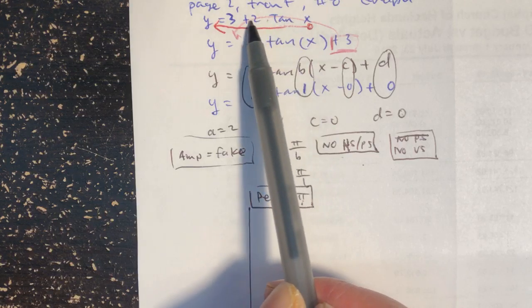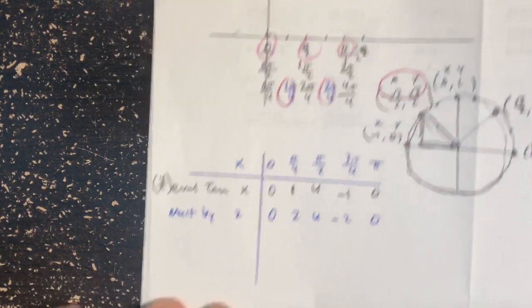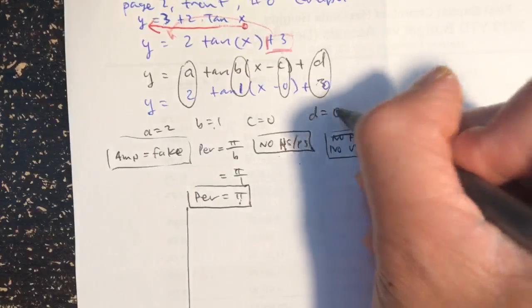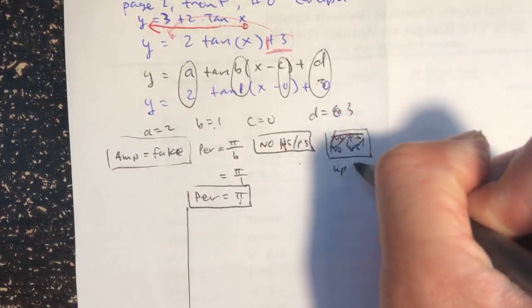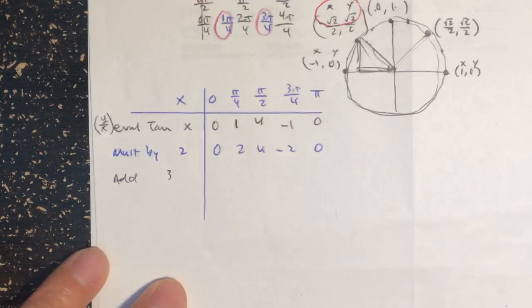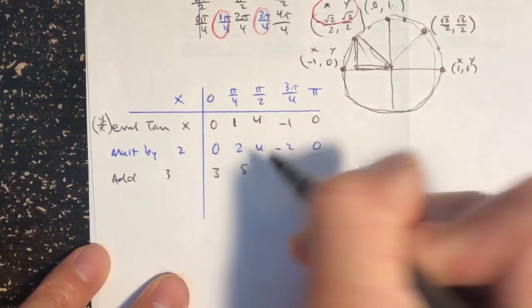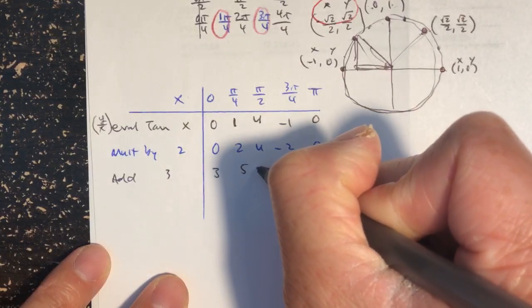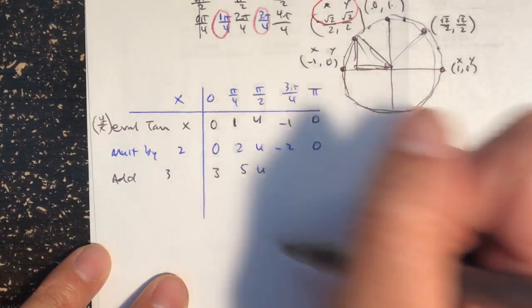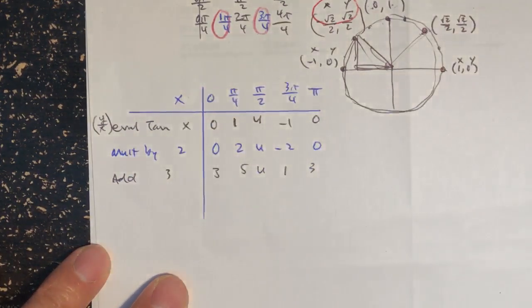And then next, I'm going to add 3, which means we're going up 3. So 3 plus 0 is 3, 5, undefined (3 plus undefined is still undefined), 1, and 3.